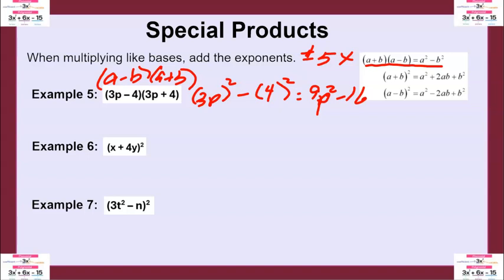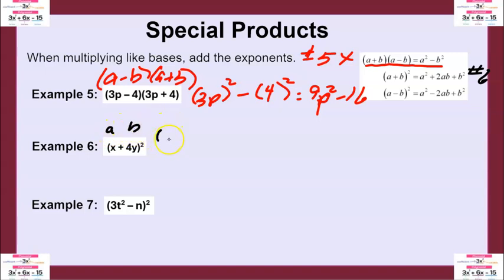Example 6 is a perfect square trinomial because I have a binomial squared. And you'll notice that this is a plus in here, so I would use this one, number 6. So I would use a squared plus 2ab plus b squared. So again, here's my a, here's my b.